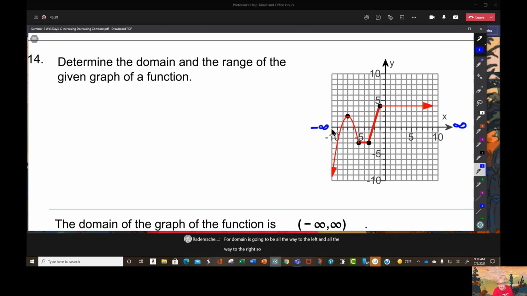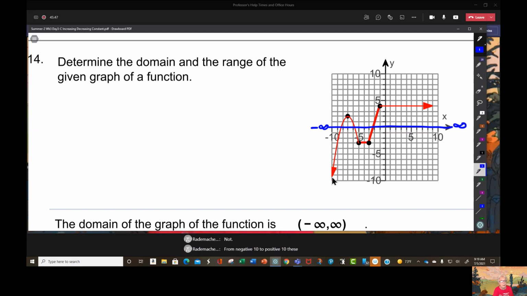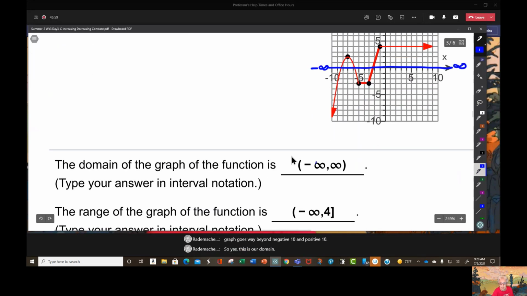So our domain is going to be from negative infinity to positive infinity. Not from negative 10 to positive 10. These arrows tell you the graph goes way beyond negative 10 and positive 10. So yes, this is our domain right here.